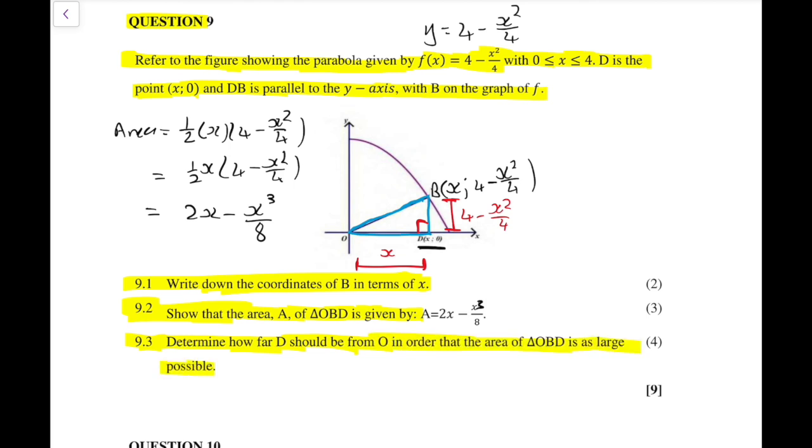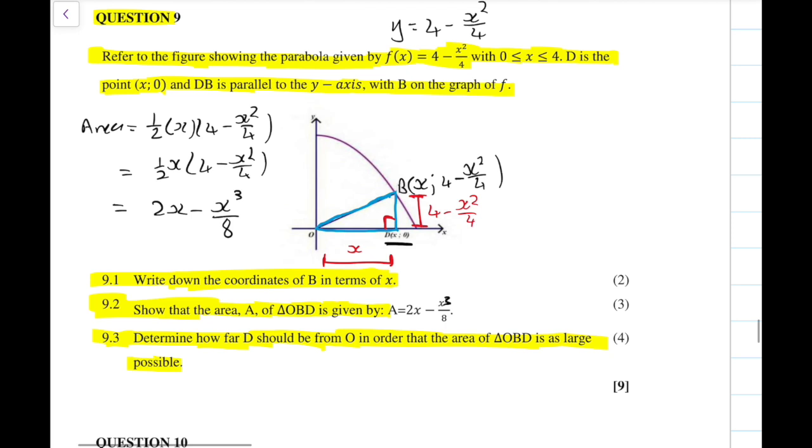So we're going to find out what the x value is essentially. We just got to maximize this here. We know our area formula is (2x minus x cubed) all over 8.